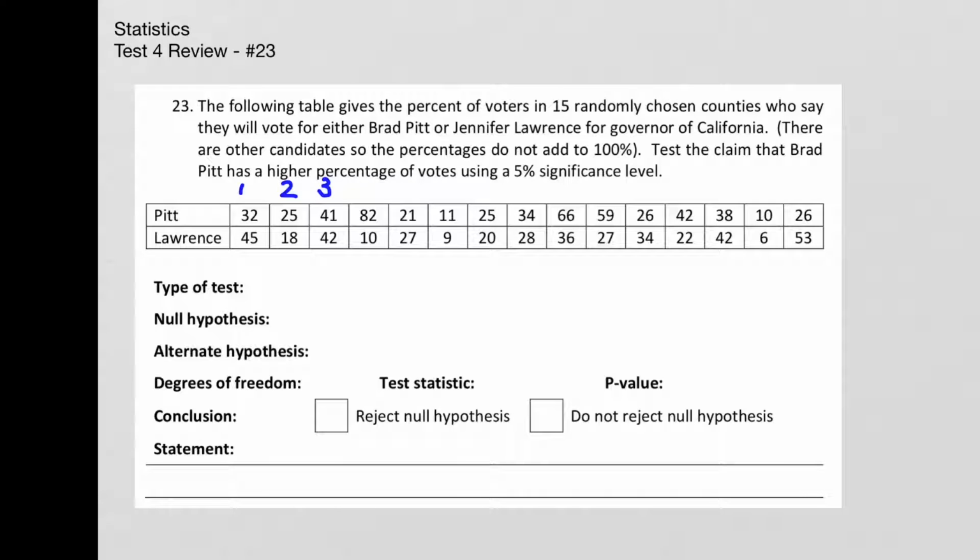So we have the different counties and then the percentage of votes in each county. And so we're looking to see, does Brad Pitt have a higher percentage on average than Jennifer Lawrence?